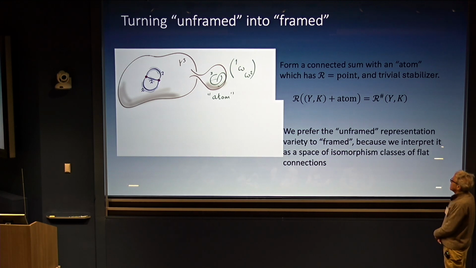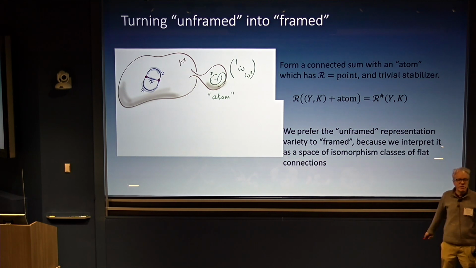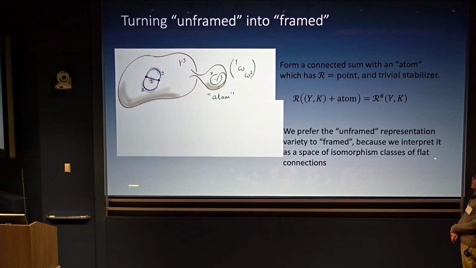If you add that atom to YK and you take the unframed representation variety, that's the same as the framed representation variety of the original YK, for straightforward fundamental group reasons.